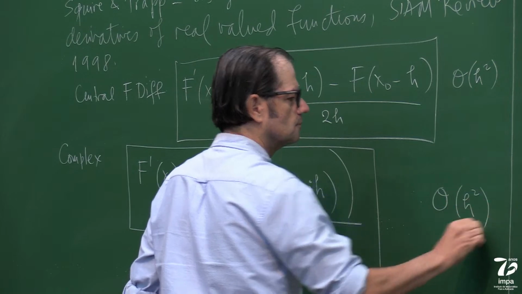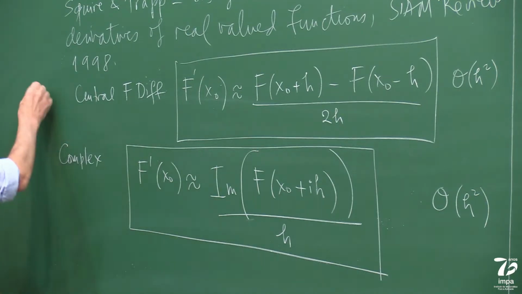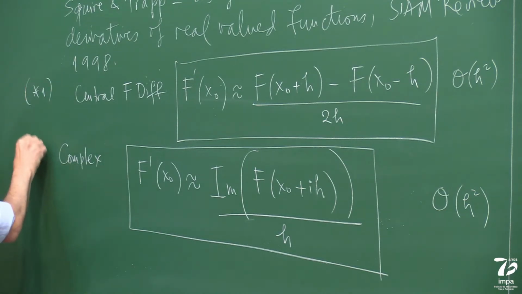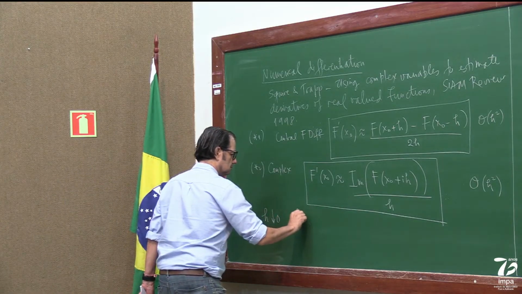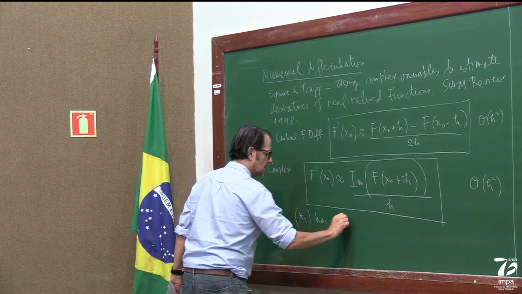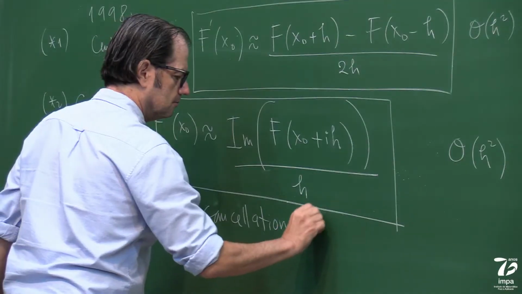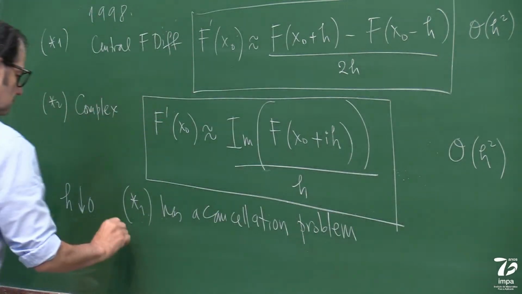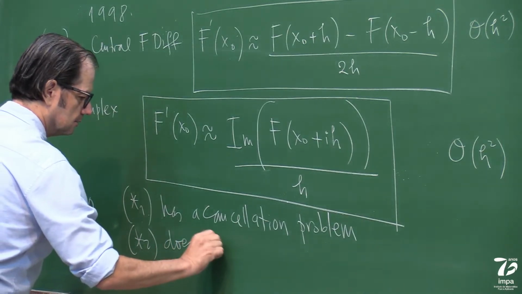We're going to show this. And what the authors say, and actually they show, is that, calling this formula star 1 and this formula star 2, as h goes to 0, star 1 has a cancellation problem, and star 2 does not.